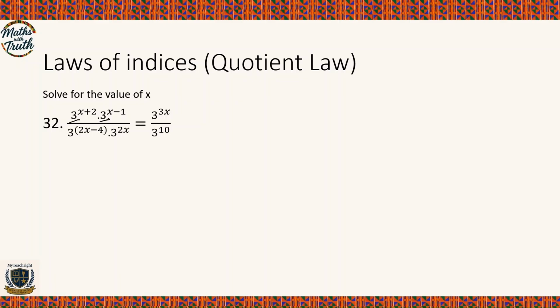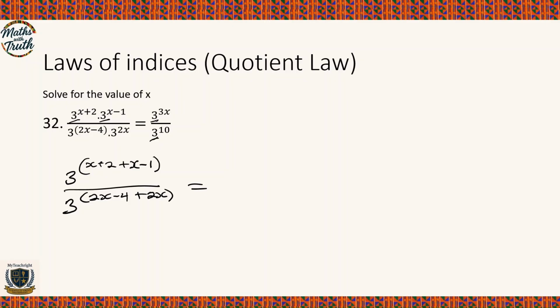We have 3 exponent x plus 2 plus 3 minus 1, oh, wait, plus x minus 1, divided by 3 exponent 2x minus 4 plus 2x is equal to this.